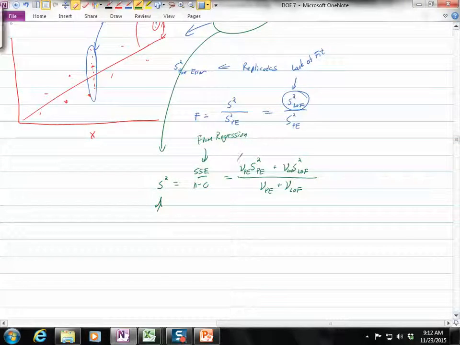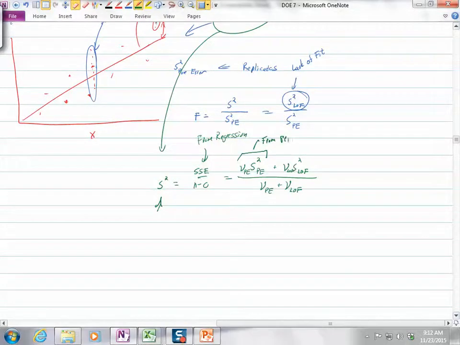So let's just think about it in those terms. These are from replicates, and we may in fact have to pool the different places we have replicates to get that guy, and this is everything else.